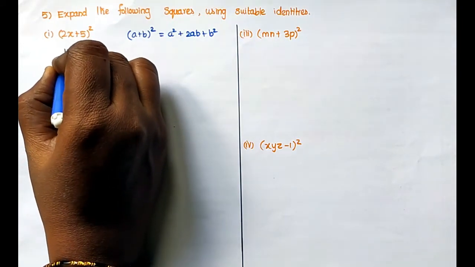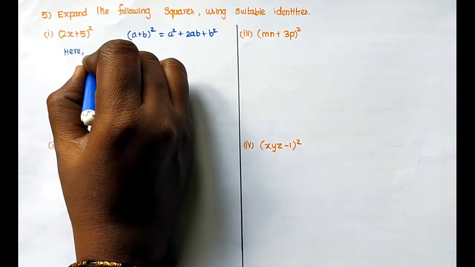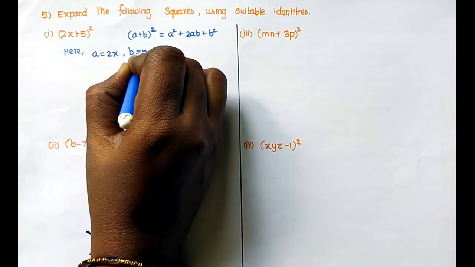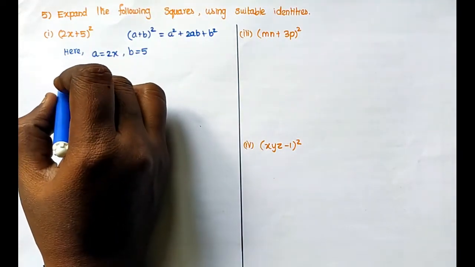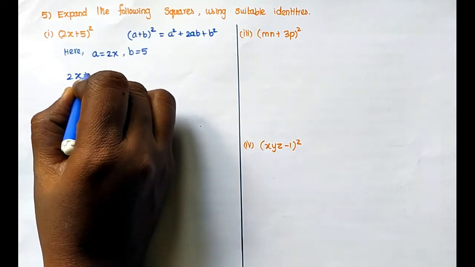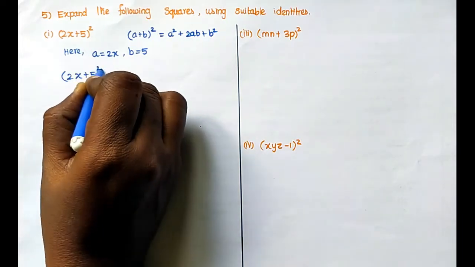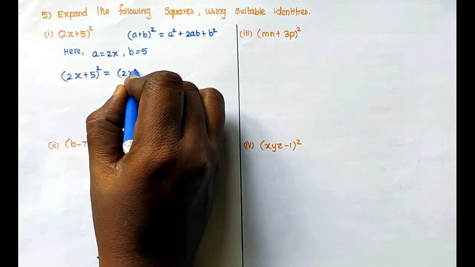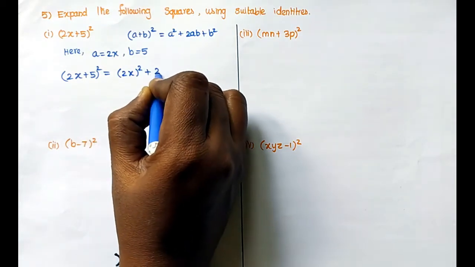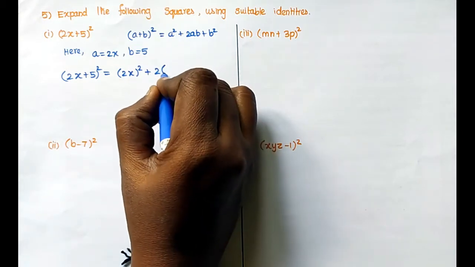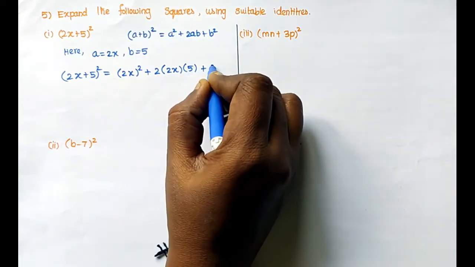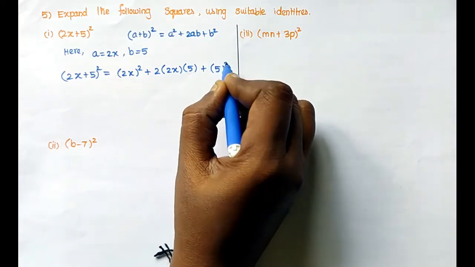So here a equal to 2x and b equal to 5. So apply this in the formula. (2x + 5) whole squared is equal to a squared, that is (2x) whole squared, plus 2 into ab, 2 into 2x into 5, plus b squared, that is 5 squared.